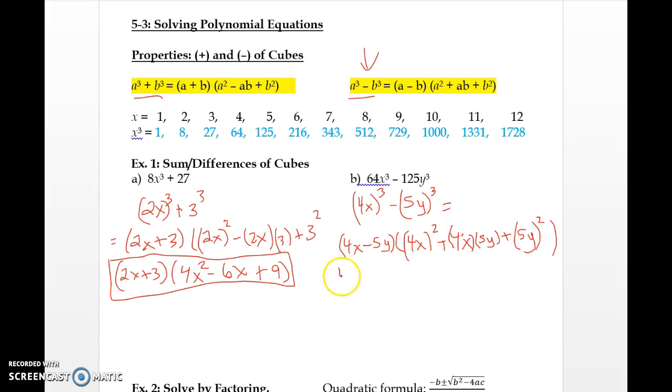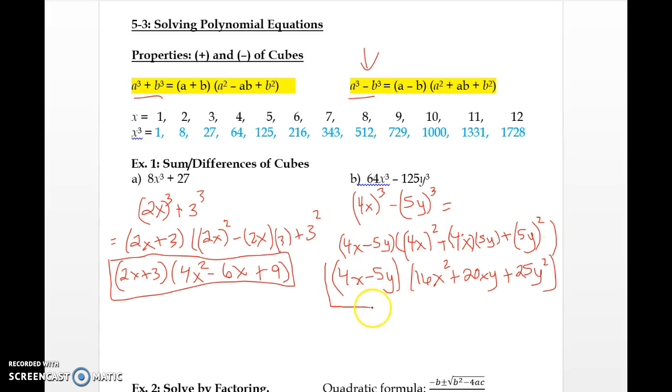And I can simplify this quadratic just like I did before. 4x quantity squared is 16x squared. 4x times 5y is 20xy. And 5y quantity squared is 25y squared. And that's our answer.